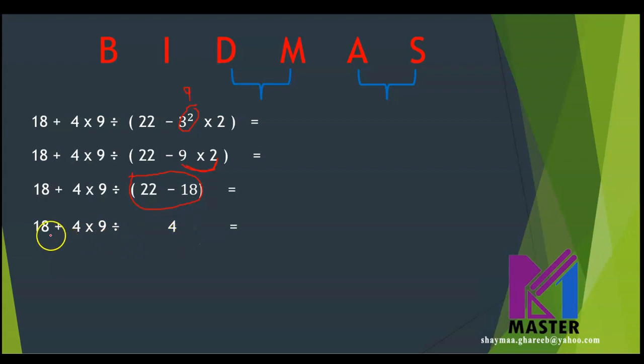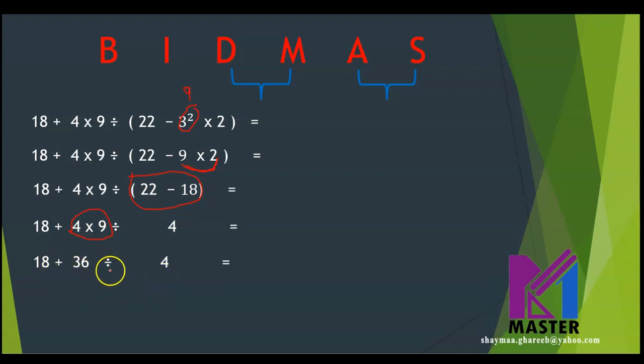Is this clear? Now I have addition, multiplication, division. Which one should I start with? I will start with the multiplication because we said both of them have the same order. The one that comes first should be done first. Okay, 18 as it is, 4 times 9 equals 36. So I will write the 36, then division as it is, then the 4 as it is.